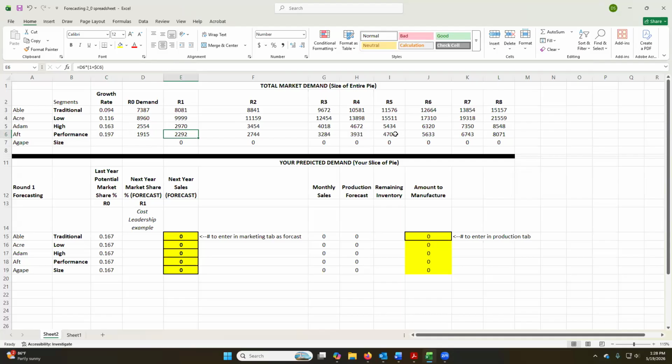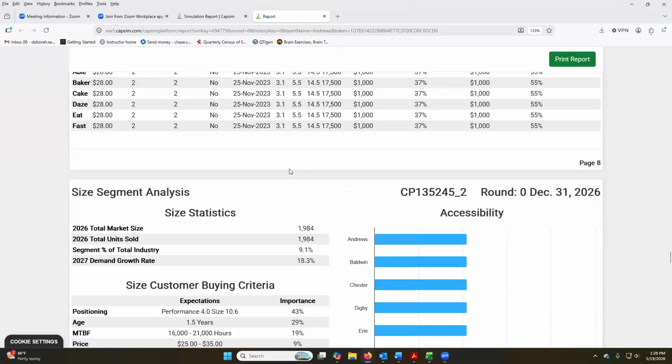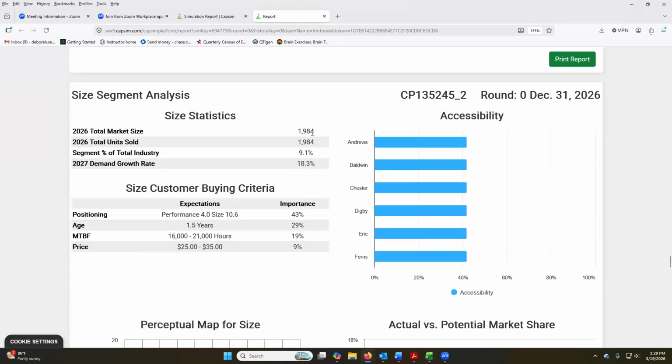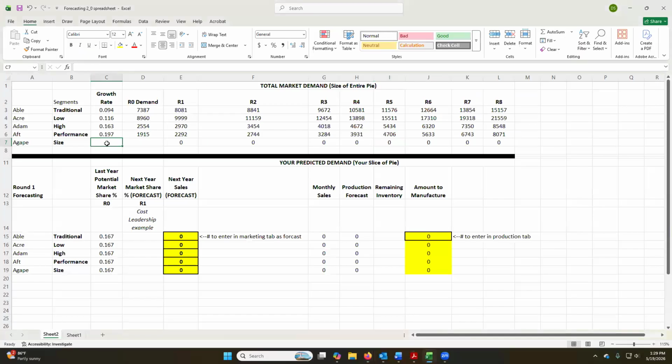So for example, looking way ahead, round 5 uses that same growth rate: column C, row 6 times H6, the year previous to that. So round 5's numbers were based on the growth rate growing from round 4's numbers. And then finally for Agape, we have 1984, 18.3.